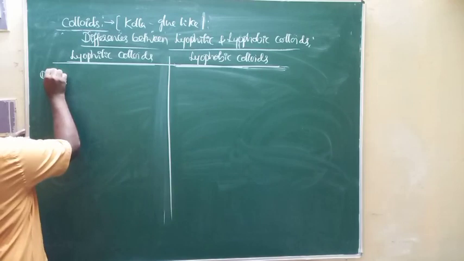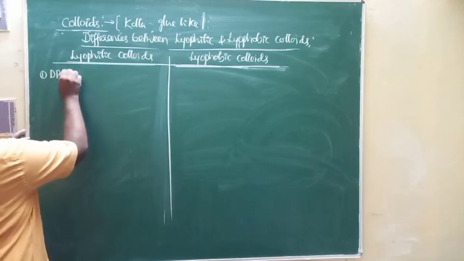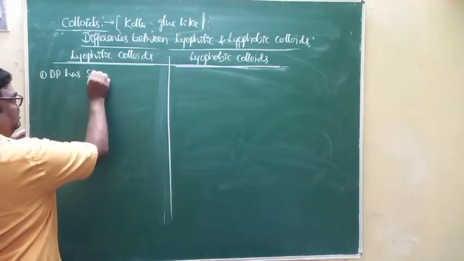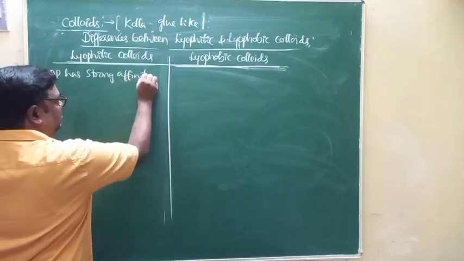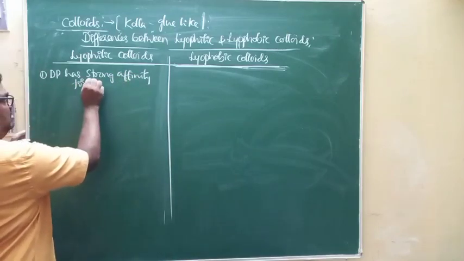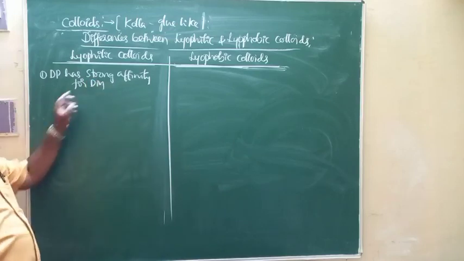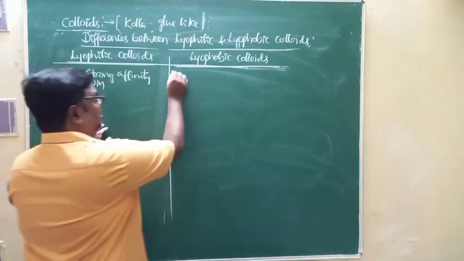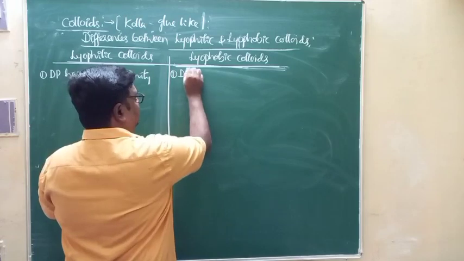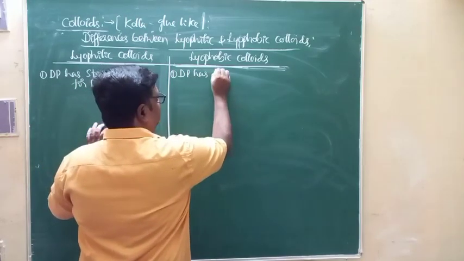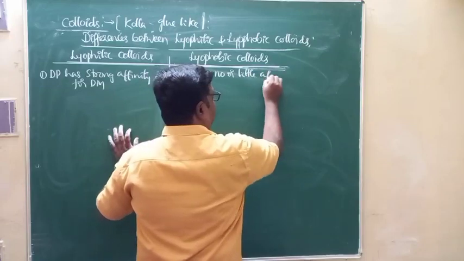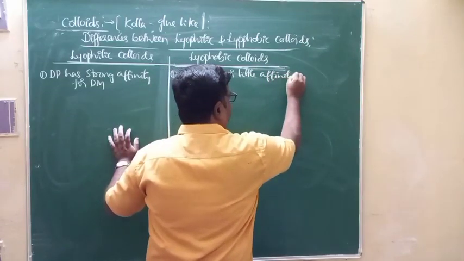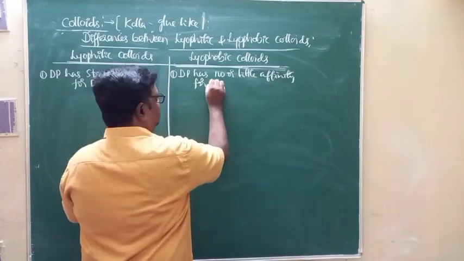First, the dispersive phase has strong affinity for the dispersion medium. This is one property of lyophilic colloids. In lyophobic colloids, the dispersive phase has no or little affinity for the dispersion medium.